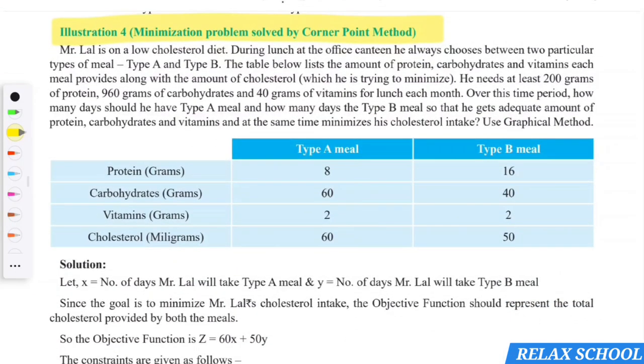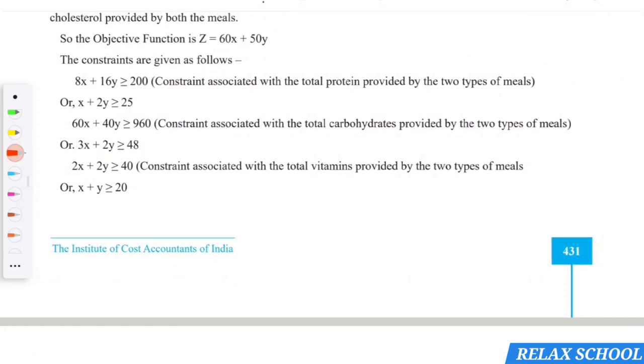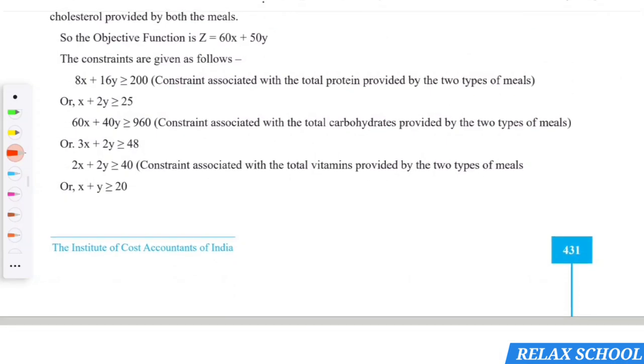Which brings us to our fourth illustration, which was a minimization problem solved by the corner point method. For this purpose, I'm not going to explain how to formulate the LPP. Rather, I wanted to go very simply.